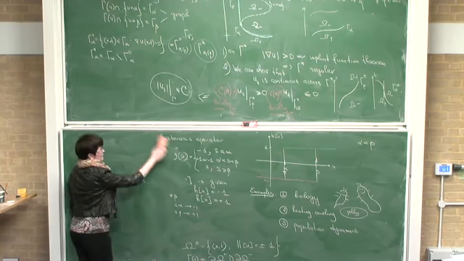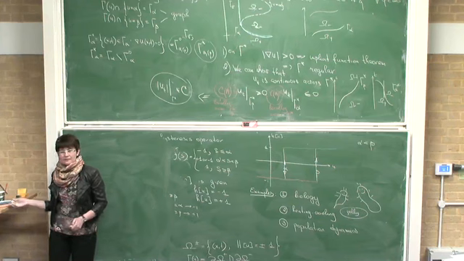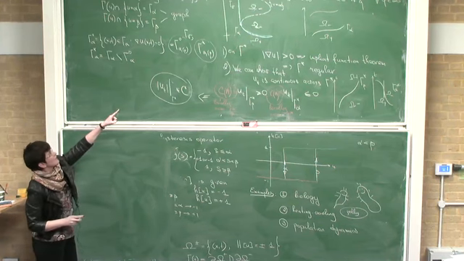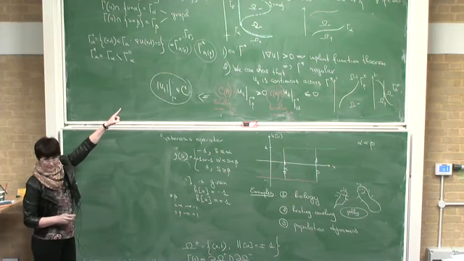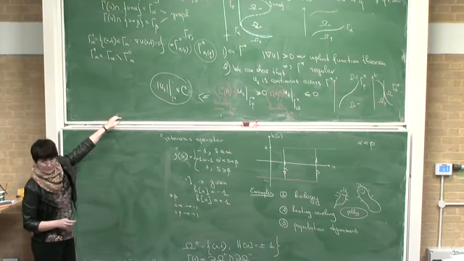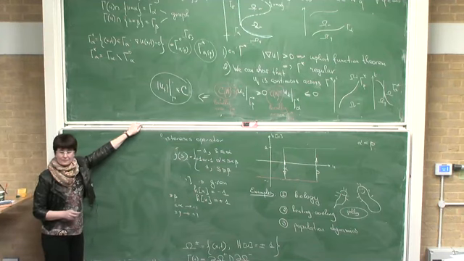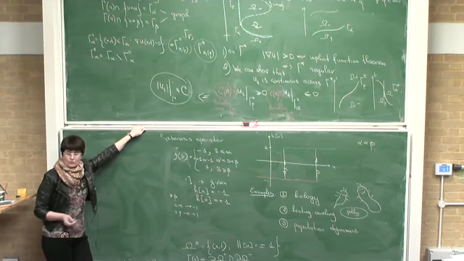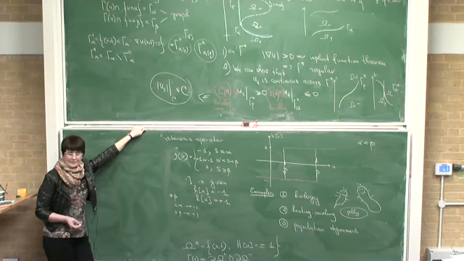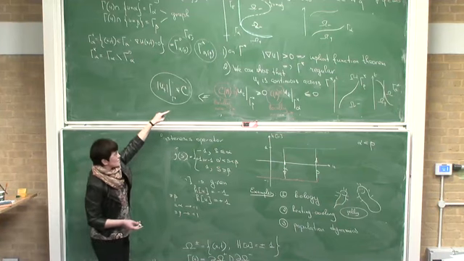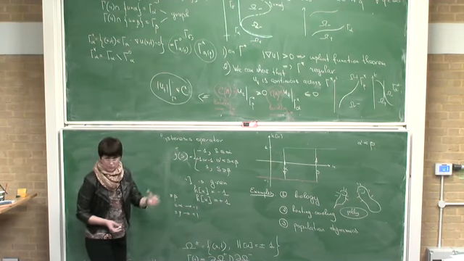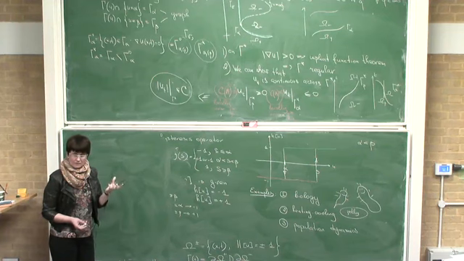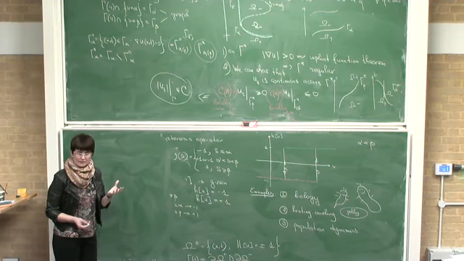So this point where you have this vertical line is part of gamma star? No, it's not part of gamma star. On gamma star, our gradient with respect to x is non-zero.